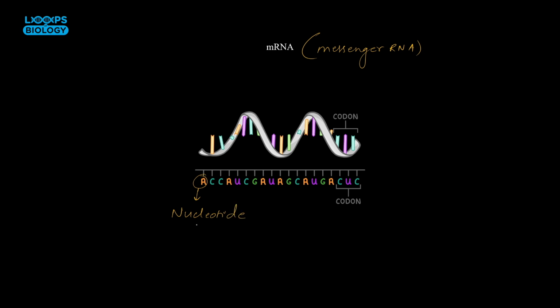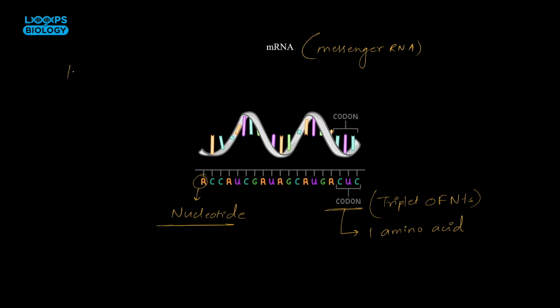Whenever there is a combination of 3 nucleotides, it is called a codon. A codon is also called a triplet of nucleotides, and each codon gives one amino acid. So some information is stored in the form of code.